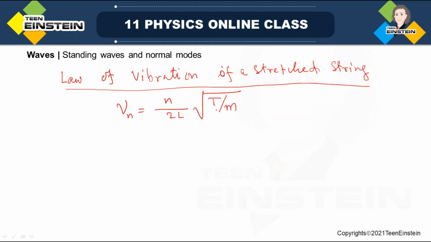Now from here you can see, if I take the first one, nu 1, or the fundamental frequency, 1 by 2l. Anyway n is an integer number, it should not come in the law. So this frequency nu is inversely proportional to L. This is the law of length. There are mainly three laws here.